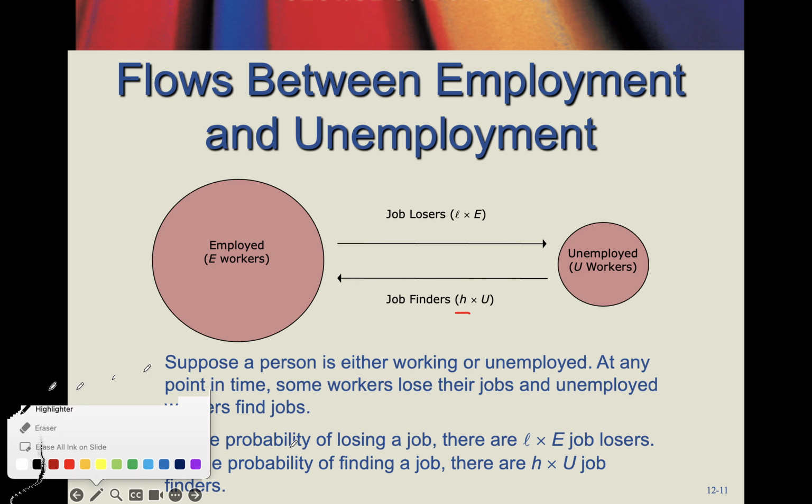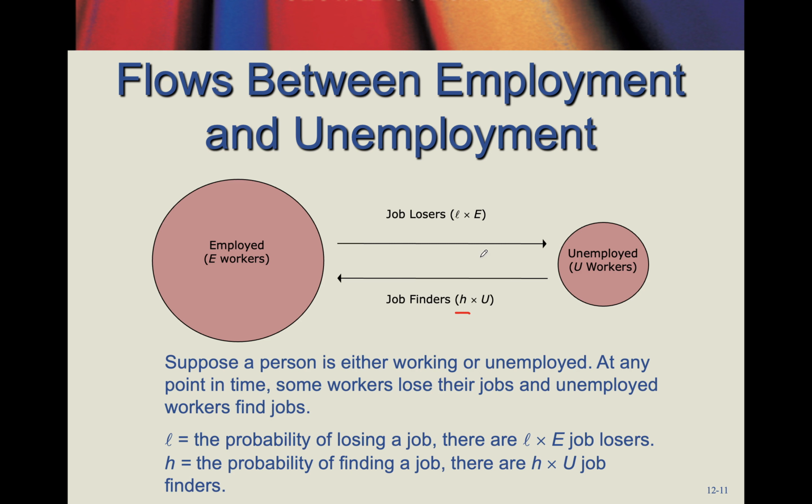If H denotes the probability of finding a job, then H times U gives us the number of workers who become employed in the economy in that particular period. By understanding these two flows of workers in the economy, we can then understand the concept of steady state unemployment.